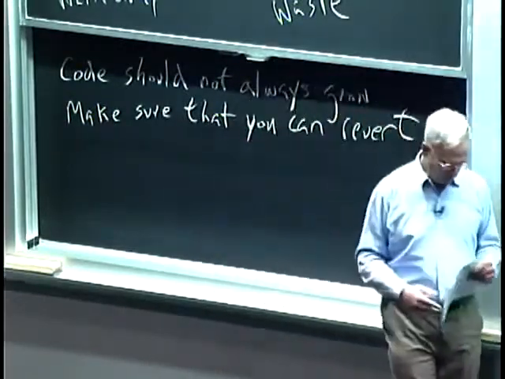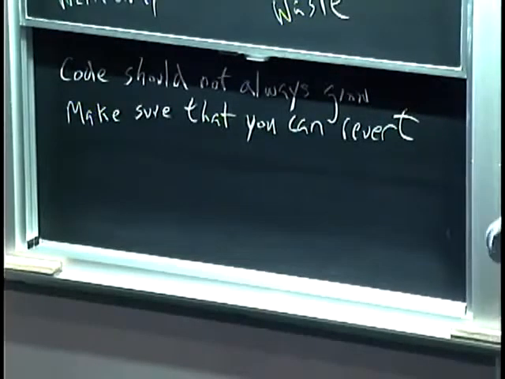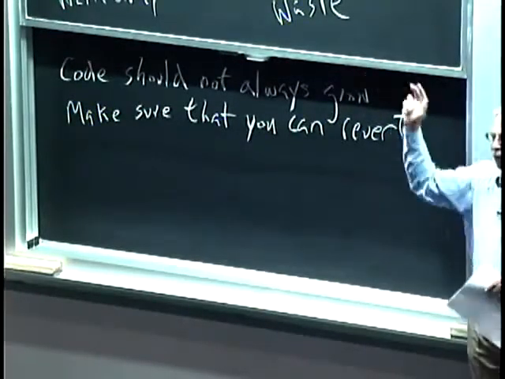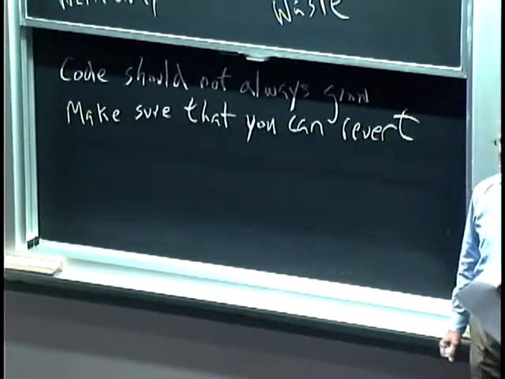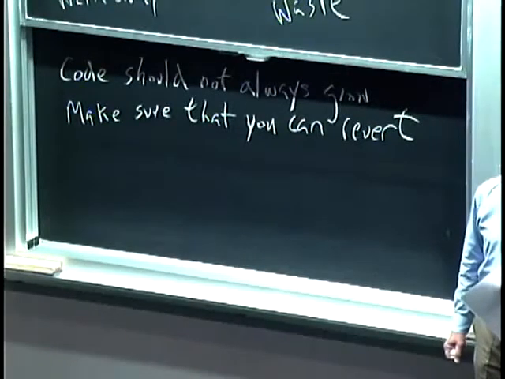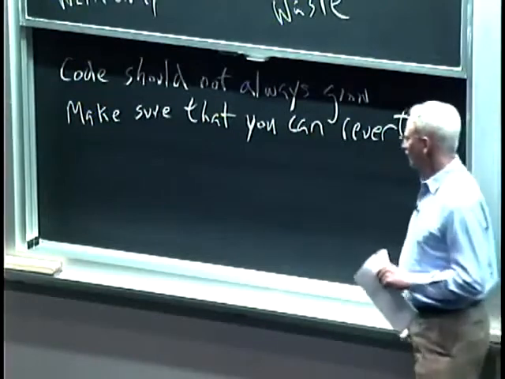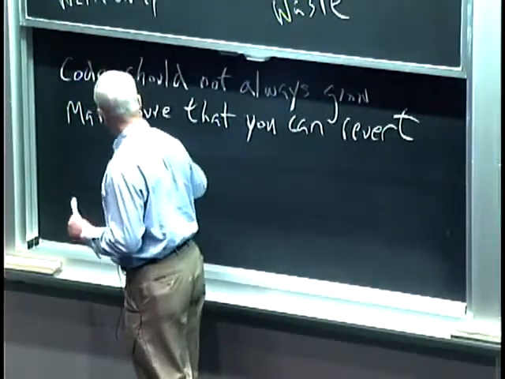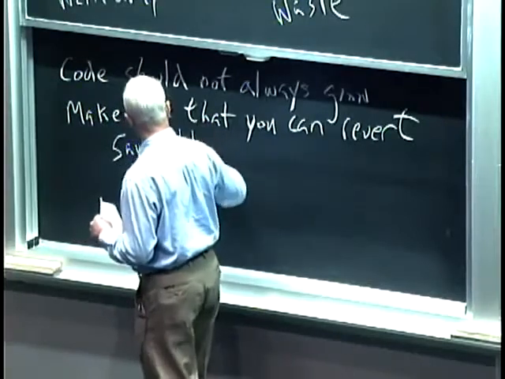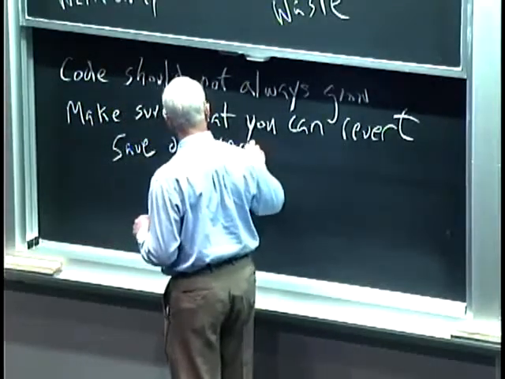There's nothing more frustrating than spending 4 hours debugging and realizing at the end of 4 hours your program is worse than it was when you started, and you can't get back to where it was when you started. So if you look at one of my directories, you'll find that I've been pretty anal about saving old versions.